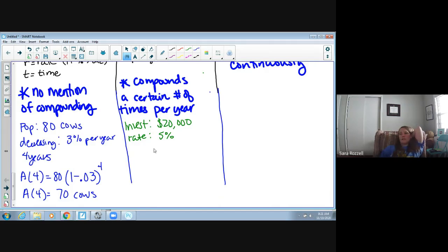And we're compounding it. Do you want to do 4 times a year? So we're going to say quarterly, which means that it's 4 times a year. And how long do you want this to sit in the bank?